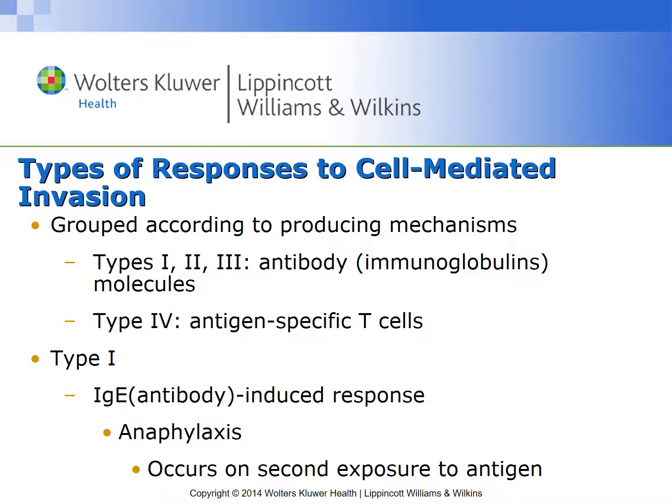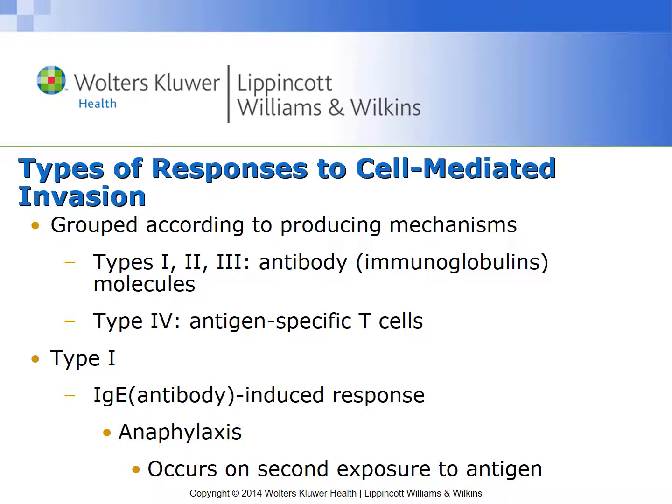Type 1 is an IgE antibody-induced response, and that is where we can have anaphylaxis, which is a deadly type of allergic response, and that occurs on second exposure to an antigen.